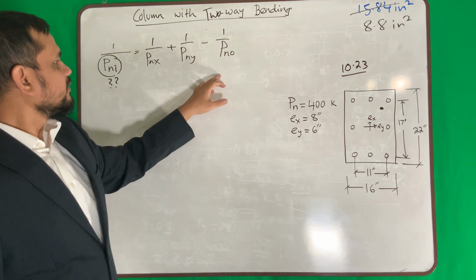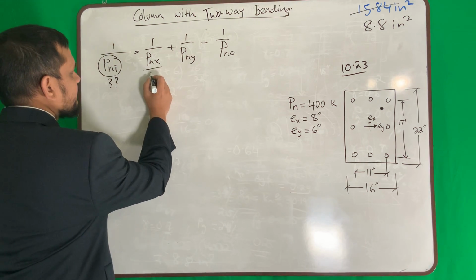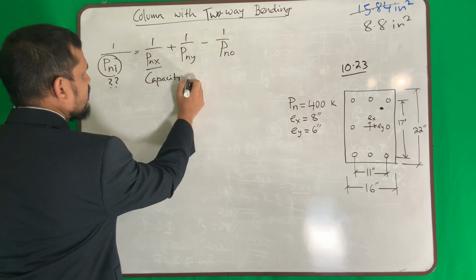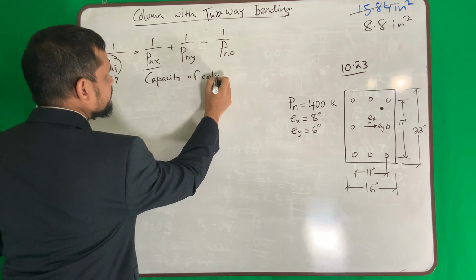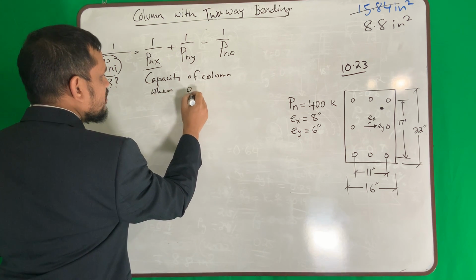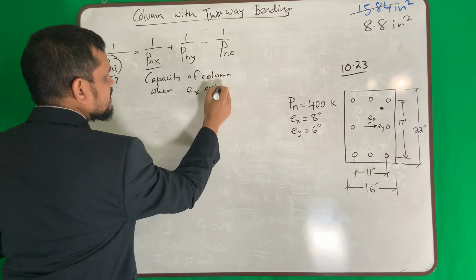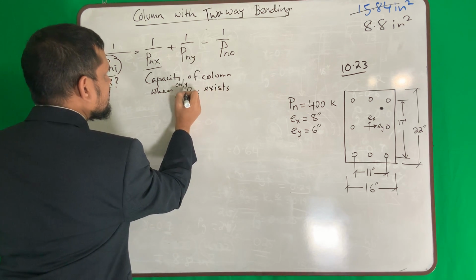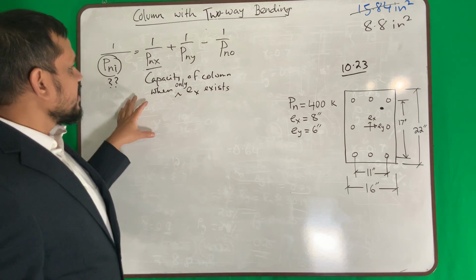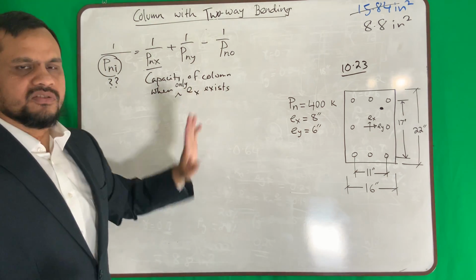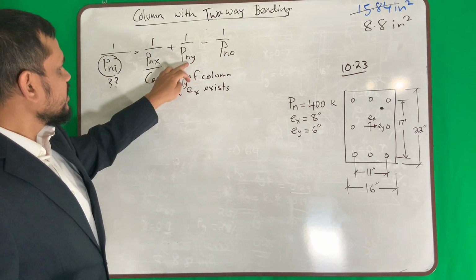Now what are these values? This is the capacity of the column when only EX exists. So the load capacity of my column when only EX exists, no EY. What is this?